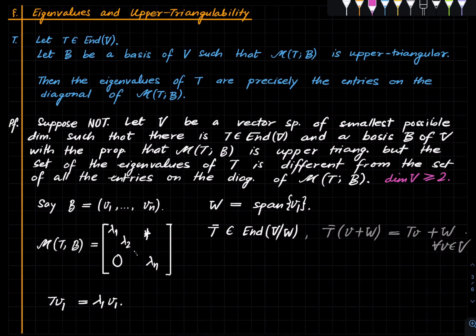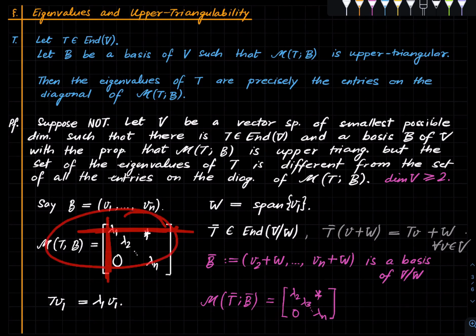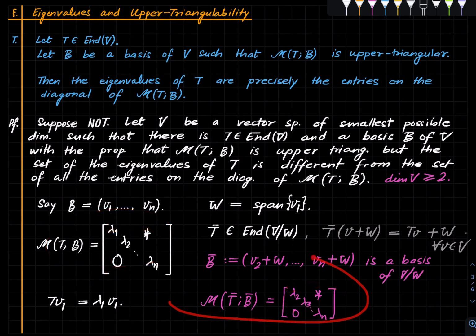So what I want you to check, which we have done in previous videos, is that B bar, defined as v2 plus W, dot dot dot, vn plus W, is a basis of V mod W, and the matrix representation of T bar with respect to B bar is this. So what do we mean by that? We just mean that you slash off the first row and slash off the first column from this matrix, and what remains is this. So this you can easily check.